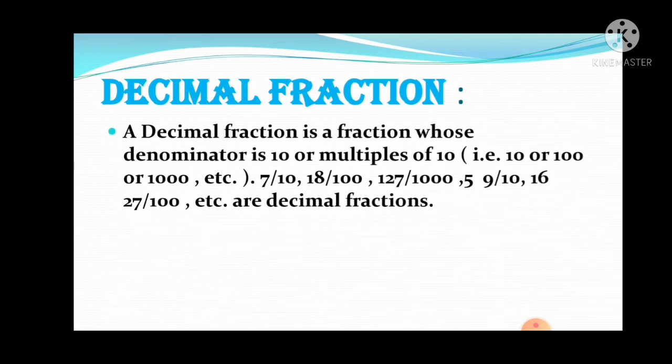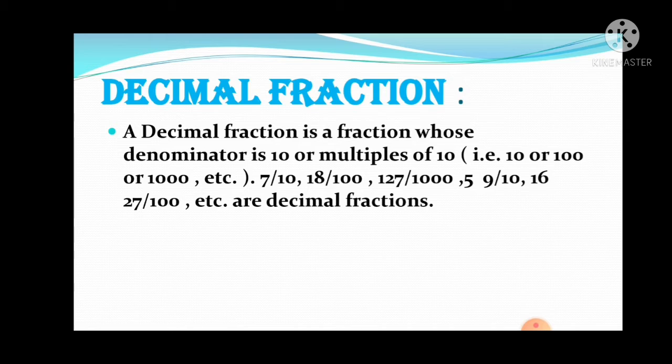A decimal fraction is a fraction whose denominator is 10 or multiples of 10, that is 10 or 100 or 1000, etc. Here I am showing other decimal fraction examples like 7 by 10, 18 by 100, 127 by 1000, 59 by 10, 16, 27 by 100, etc. These are all examples of decimal fractions.